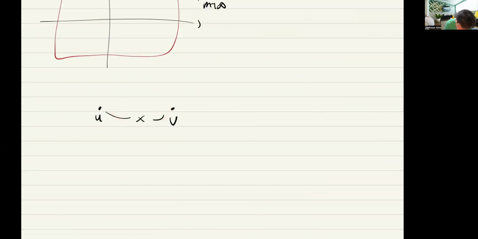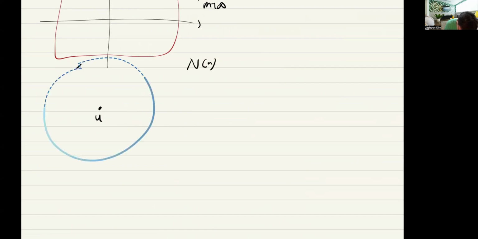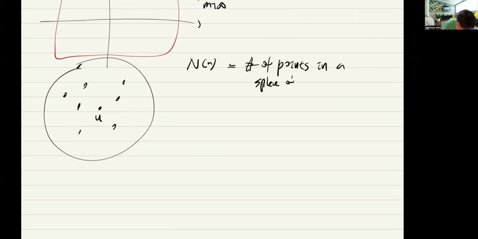And what happened is that, before that, what's the neighborhood of u? You can actually compute it. You consider the ball of radius 2 here, and then you count the number of points in the sphere of radius 2 centered at u.